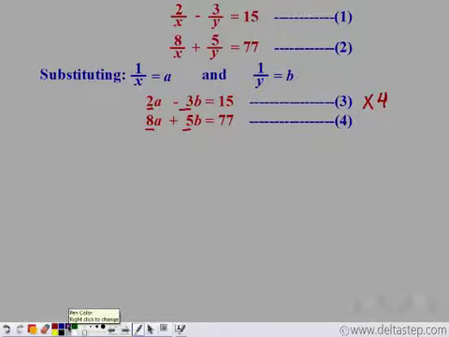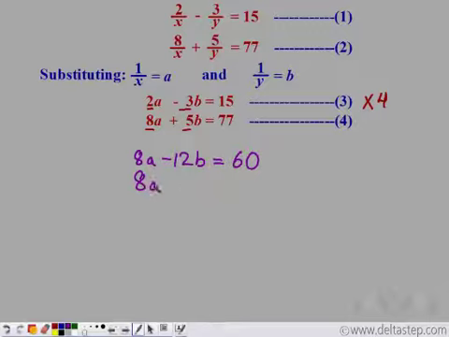So let us multiply this equation by 4. So if we multiply equation 3 by 4, that is, we multiply both the sides of equation 3 by 4, we get 8a minus 12b is equal to 60. And we rewrite equation 4. So 8a plus 5b is equal to 77.